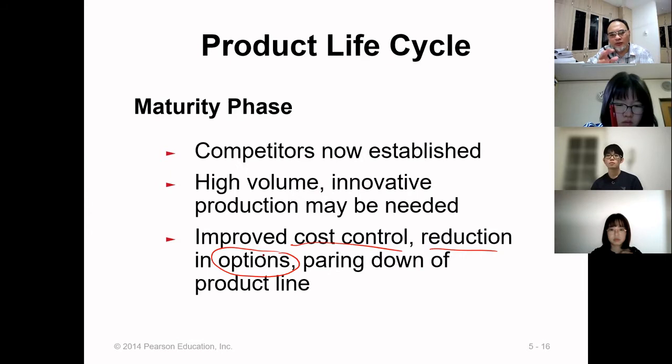For example, you have 10 product lines during growth, but at maturity you reduce to half, 5 models only. Why? Because some of them will have small demand, and you can let your competitor take that demand. That's called paring down. Paring down means reducing the product lines.